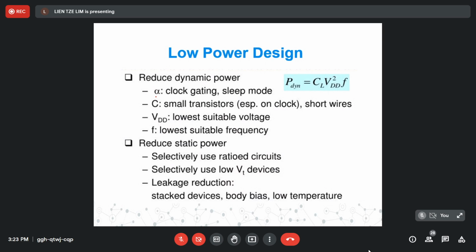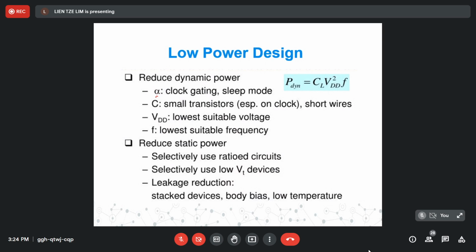When the device is in active mode, there is a switching operation. When the transistor is not operated, meaning it is not on, we can put the device under sleep mode. Sleep mode can help to prevent power dissipation. This is through manipulation of the activity factor.